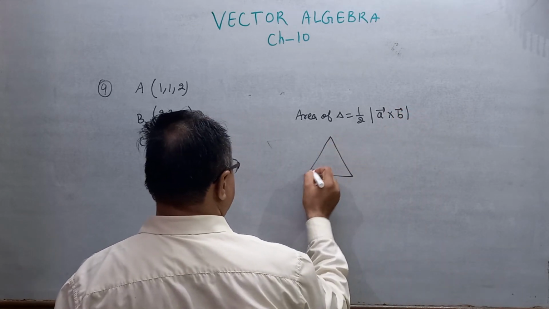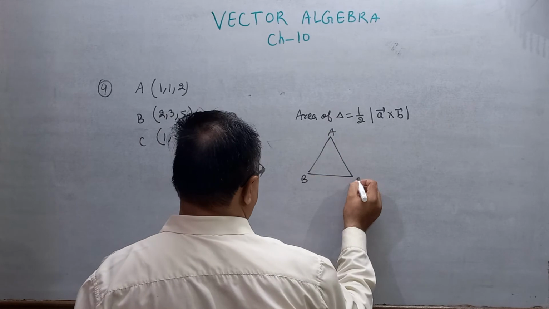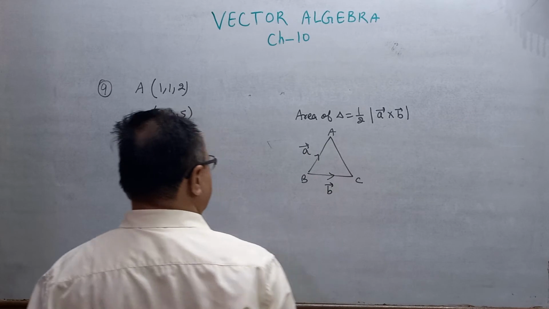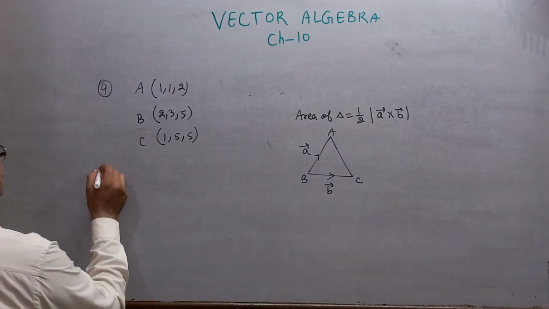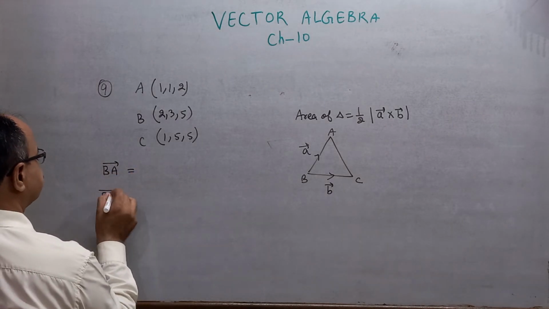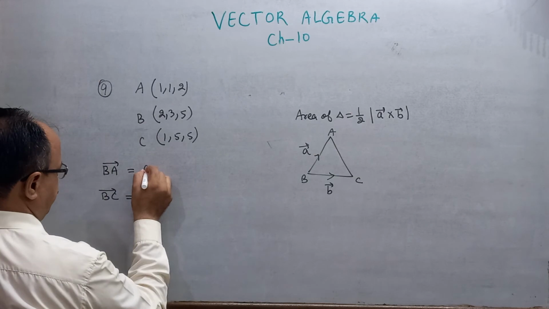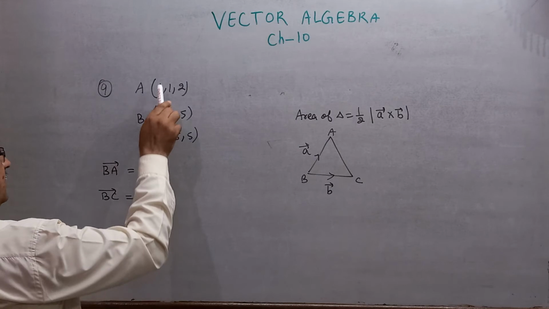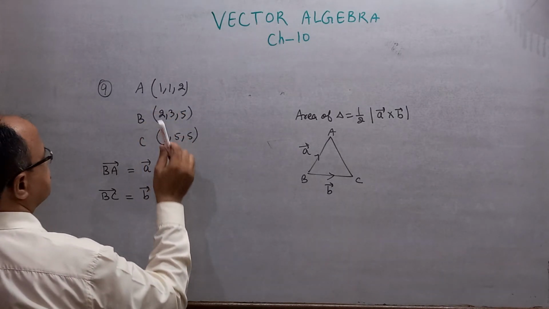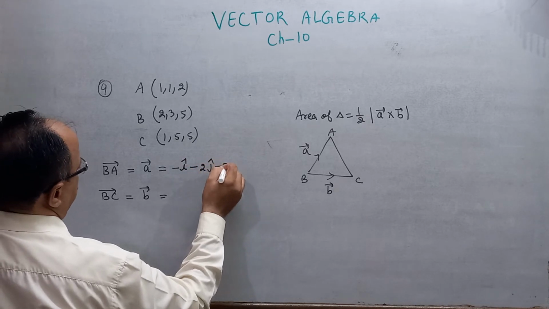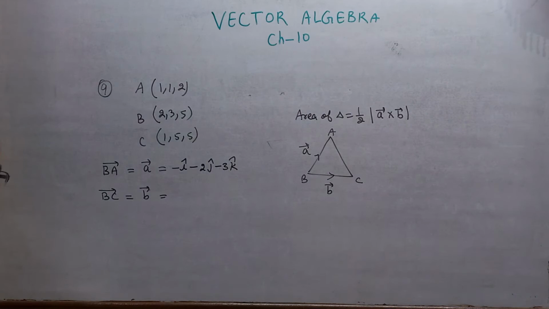This is triangle ABC, and this is vector A and this is vector B. Now firstly find vector BA and vector BC. BA is represented by vector A and BC is represented by vector B. Vector BA means position vector of A minus position vector of B, that is minus I cap, minus 2j cap, minus 3k cap.